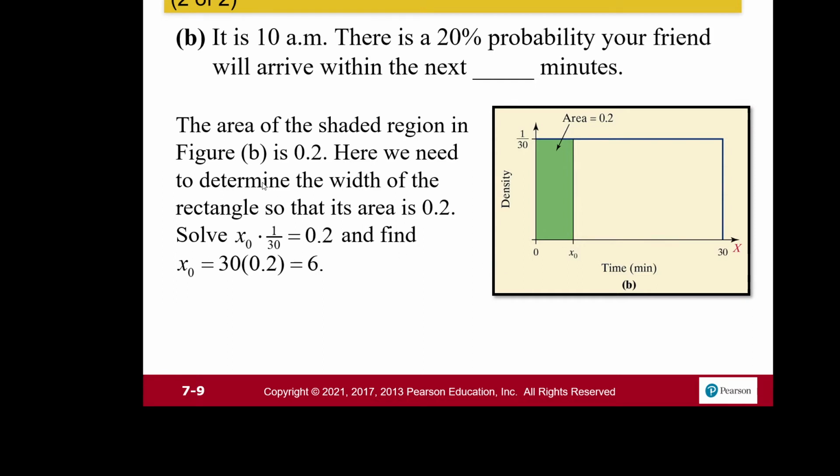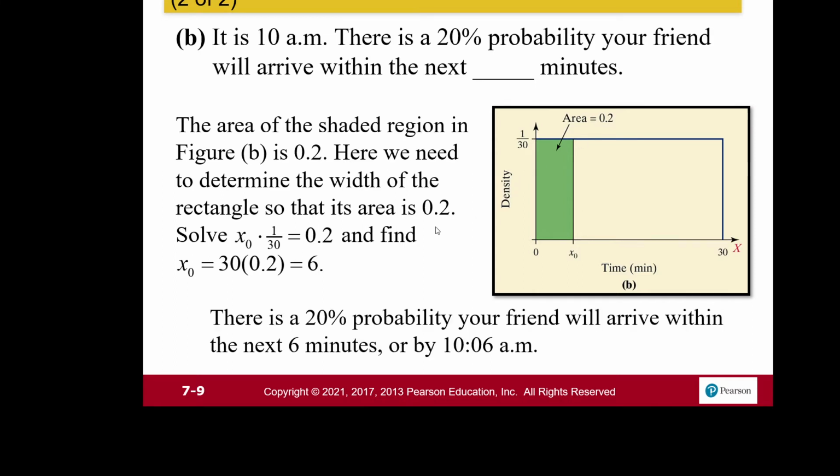So they have this formula here where we say 1/30 times x is 0.2, and if we solve for x, we get 6. So every 6 minutes that passes will represent 20% in terms of probability. It's a good question.